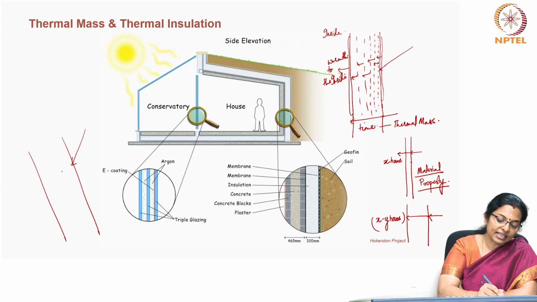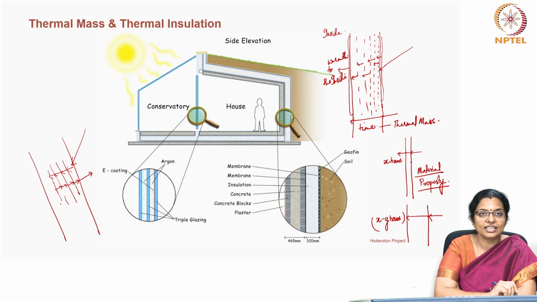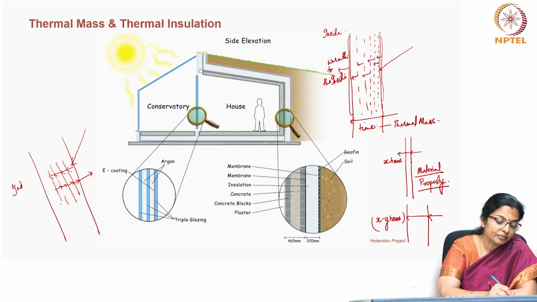By the time the heat gets transferred to this layer, the outside becomes cool and the reverse heat transfer starts happening. Under such conditions, the indoors will always be maintained in the same temperature, and you can maintain it in a temperature which will make it comfortable for occupants.